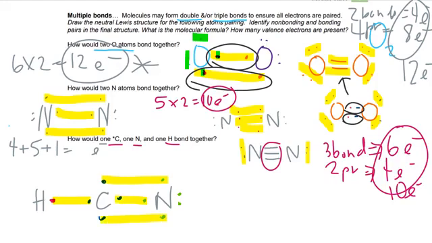And then when we write our compound out, I'm going to have H to C to N. And when I draw my N, 1, 2, 3 with its lone pair. With my carbon, 1, 2, 3, and then my hydrogen.